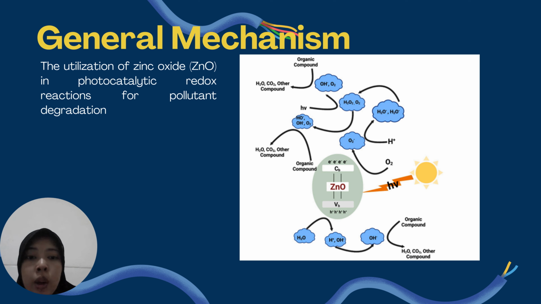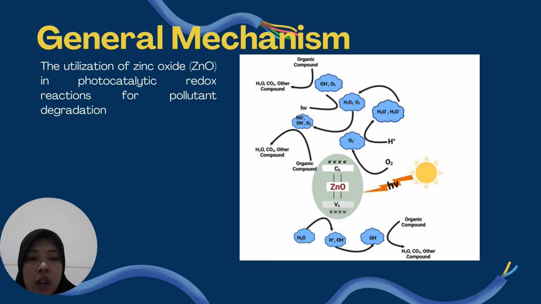There are three primary methods of generating radicals from the catalyst, which can be distinguished based on the technique used and can be augmented by different energy sources such as light or photocatalysis, high-intensity ultrasound or sonocatalysis, and electricity or electrocatalysis.